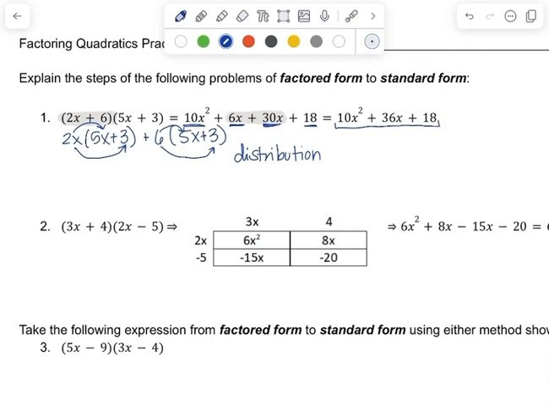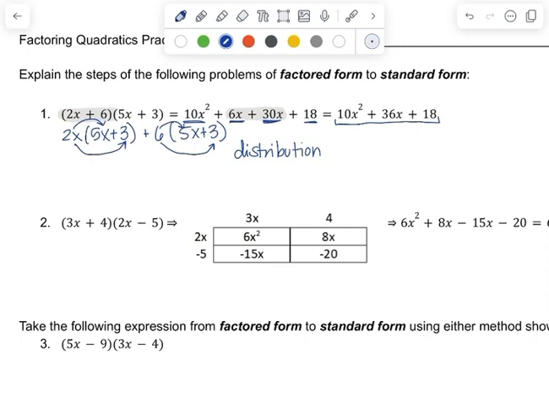The next one is a different factored form. We have 3x plus 4 times 2x minus 5. This is called the area model, but it's basically doing the same thing. Each term, so 3x and 4, and then 2x and negative 5, are placed in the area model on each side, paired with the term they are in the factored form with.